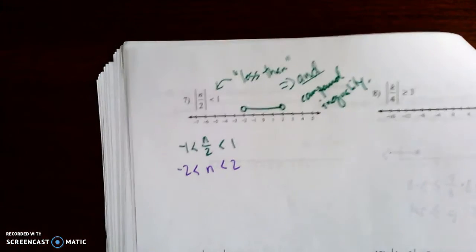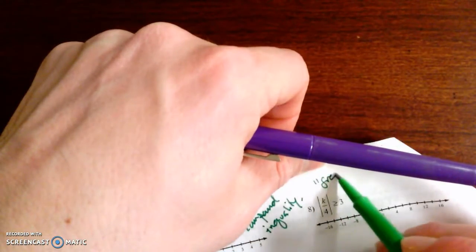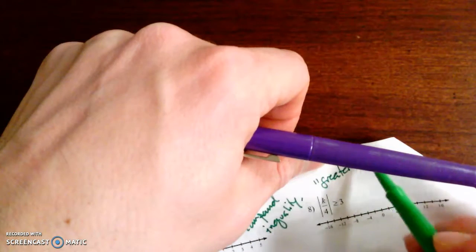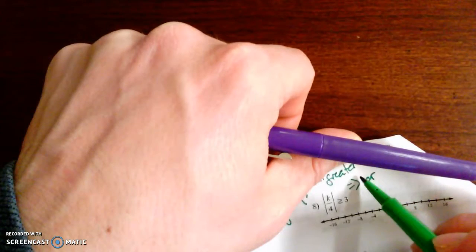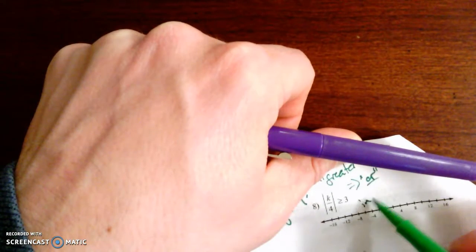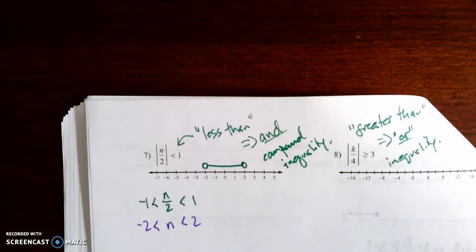On the other hand, if it's a greater than, like right here, then it turns out to be an OR inequality. Okay? So it's something you want to remember. Put that down in your notes.